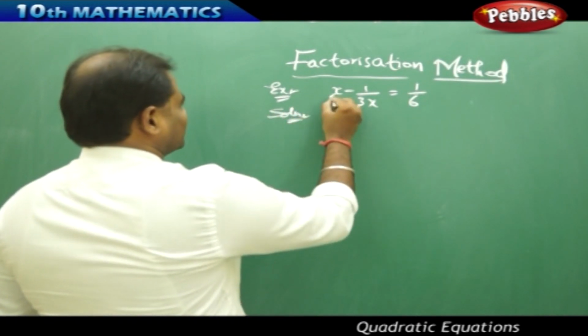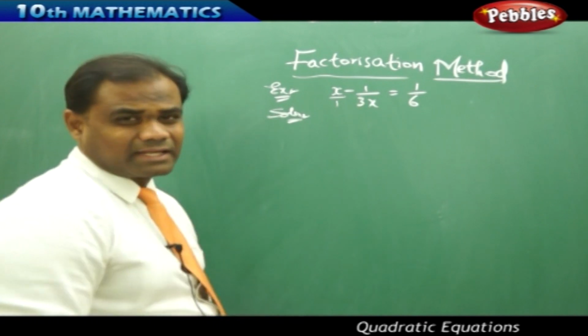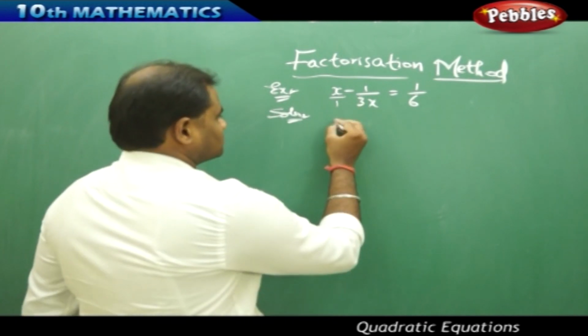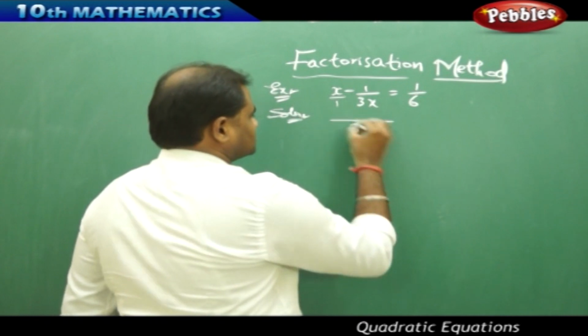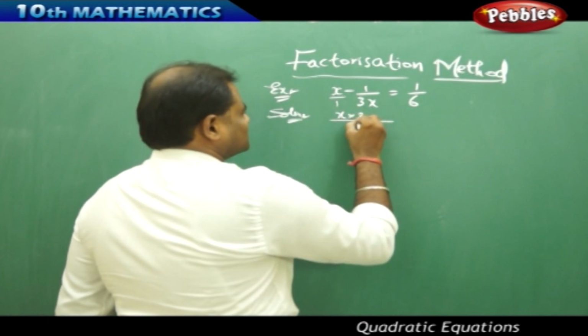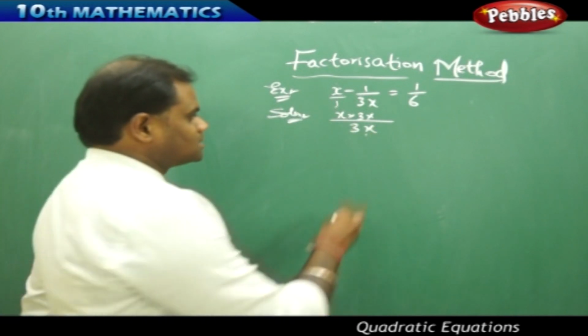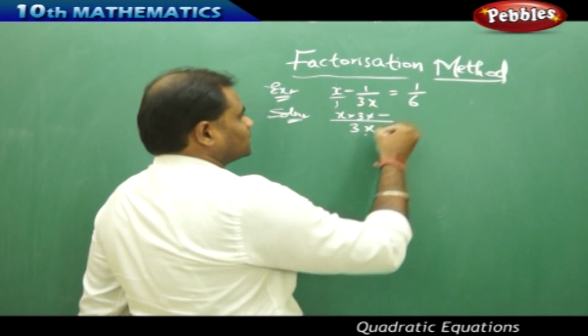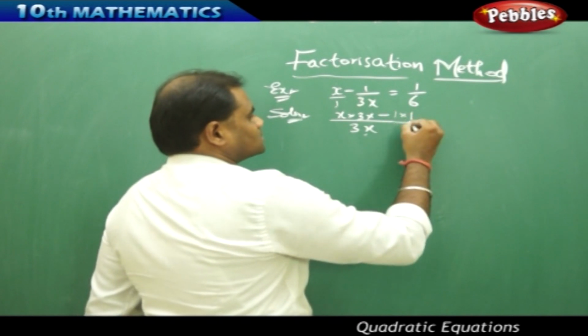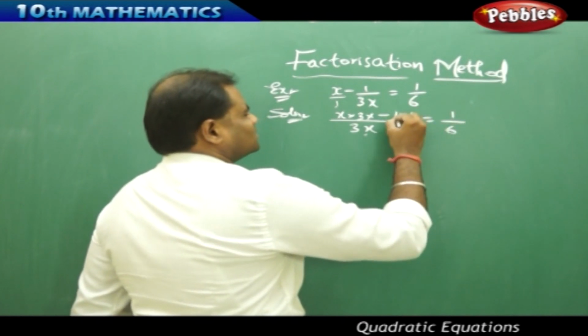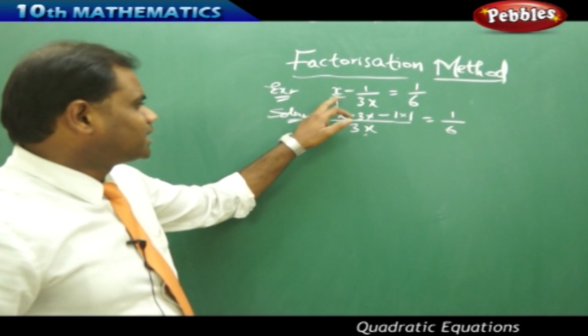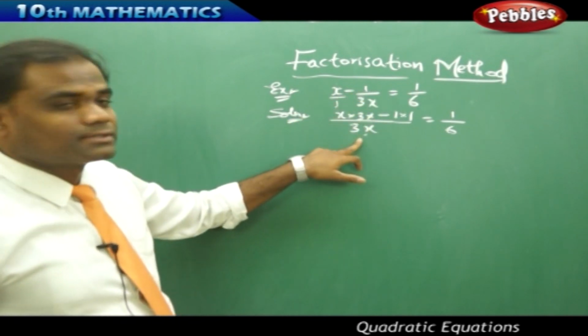To start with, I can take the LCM of x and 1 over 3x, which comes out as 3x. So 3x times x, and this with 1 times 1, equals 1 over 6, is how I get the LCM.